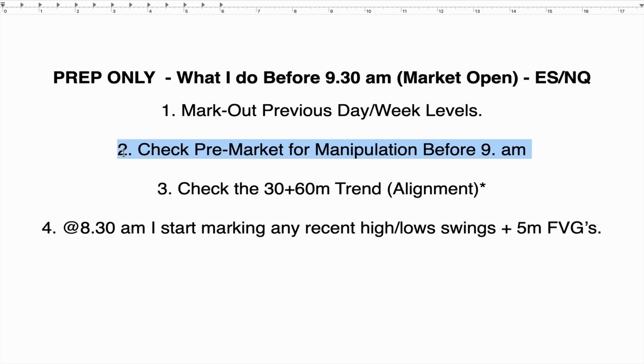Number three. Now, this one, pretty straightforward, but I use a tool for this. What I do is I check the 30 minutes and the 60 minutes, that's the 1 hour, and I'm checking price and trend alignment. What does that mean?